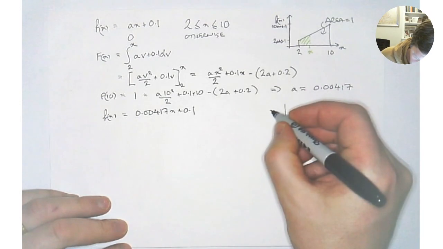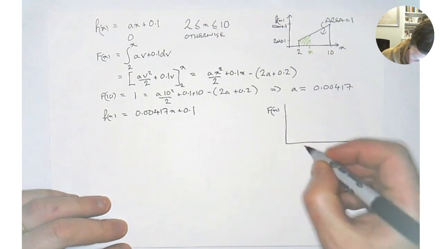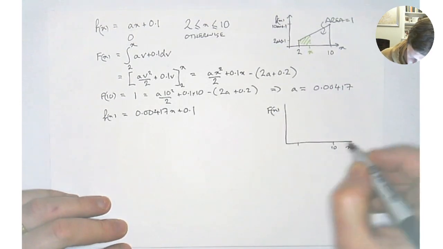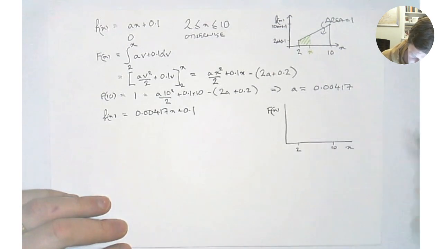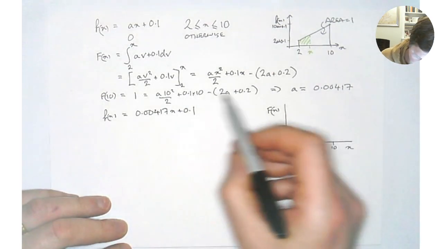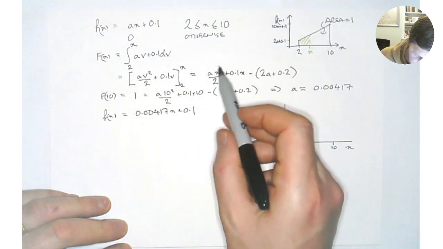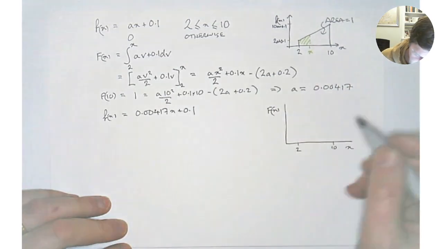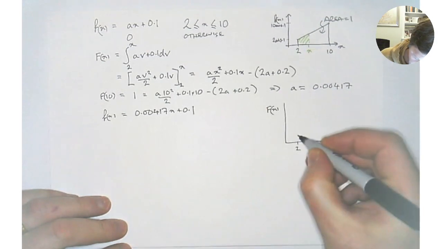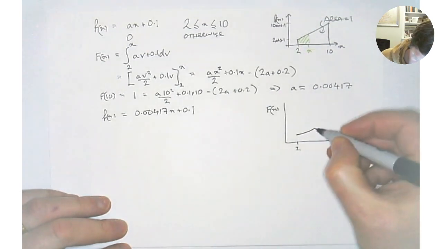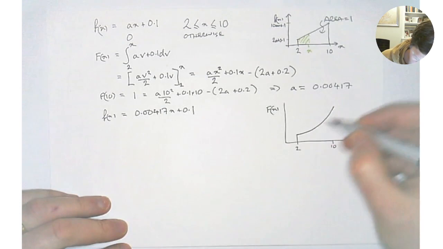So in this case, if we looked at the cumulative function, and this is our equation here. It's got a positive x squared term and a positive x term, so it's going to be increasing at a greater rate than a quadratic, so it's going to look something like that.